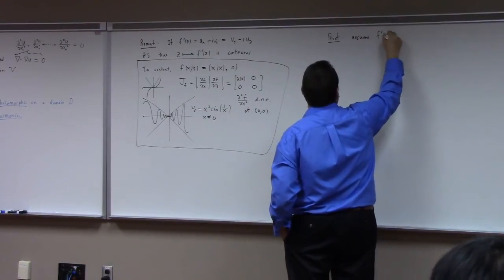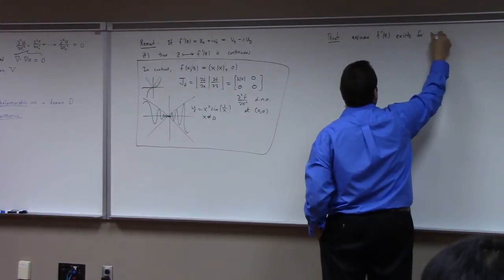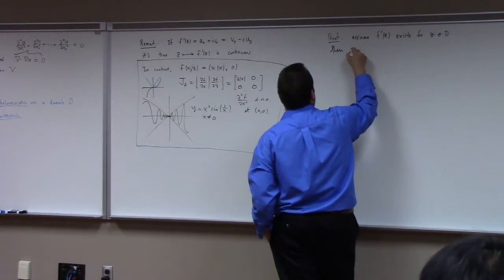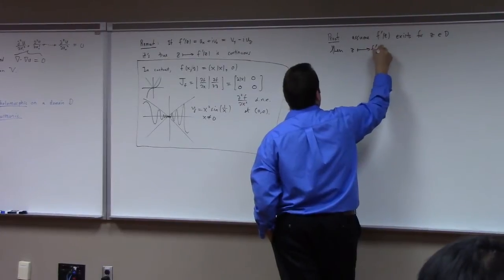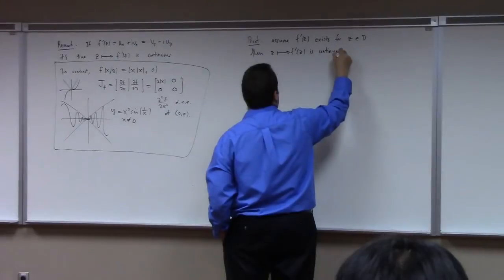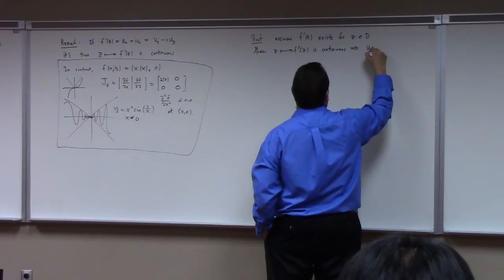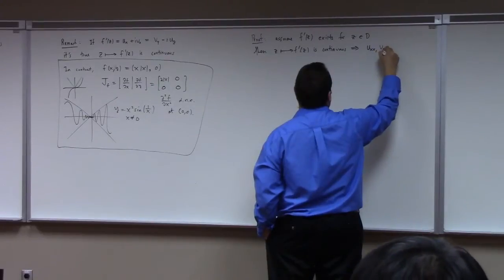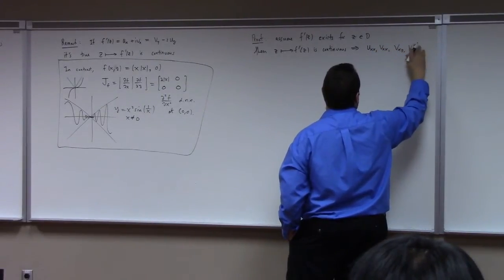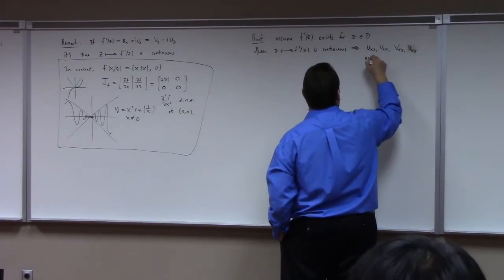Suppose f prime of z exists for z in some domain D. Then, since z maps to f prime of z is continuous, what's that say about second partial derivatives? It also implies that all the second partial derivatives, like u_xx, v_xx, v_xy, are continuous.